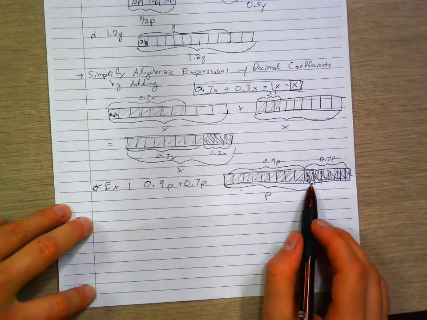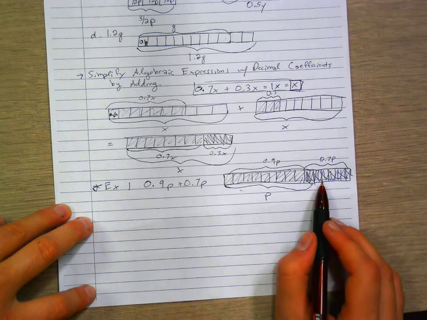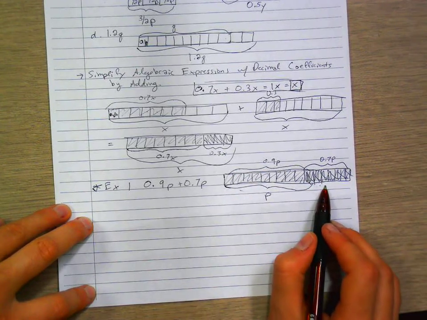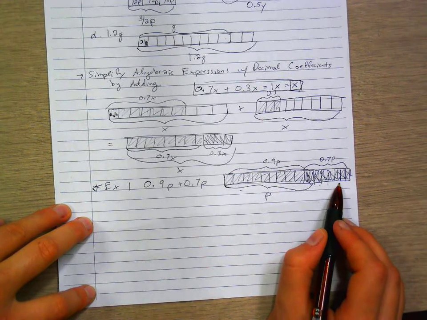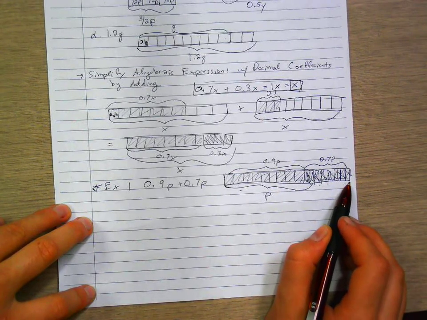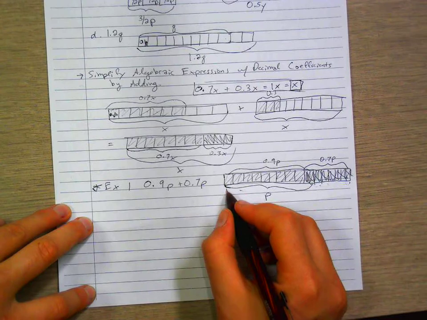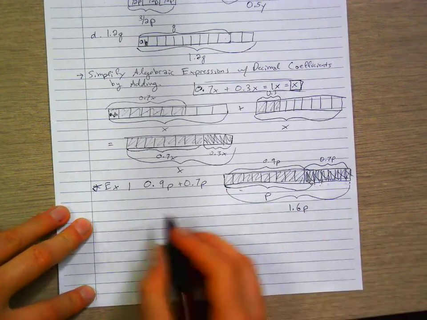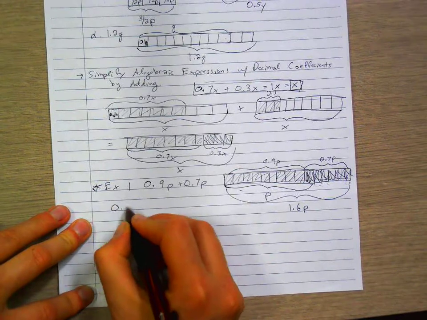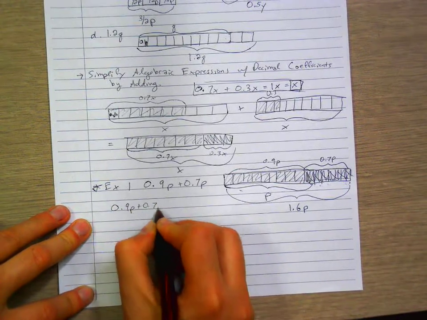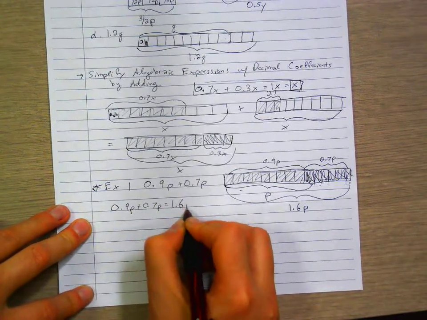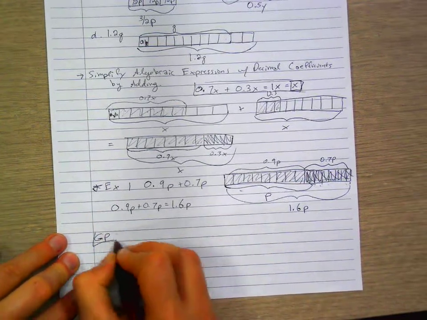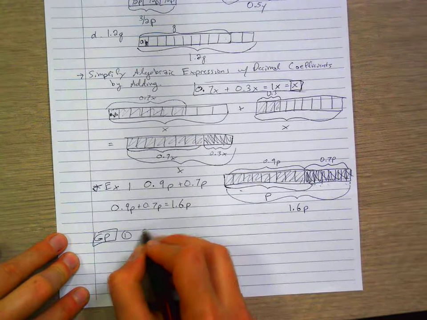So after p, we have, this is 1p, 1.1, 1.2, 1.3, 1.4, 1.5, and 1.6. So all together, we have 1.6p. Therefore, this expression, 0.9p plus 0.7p, equals 1.6p. Go ahead and do guided practice 1, 2, and 3.